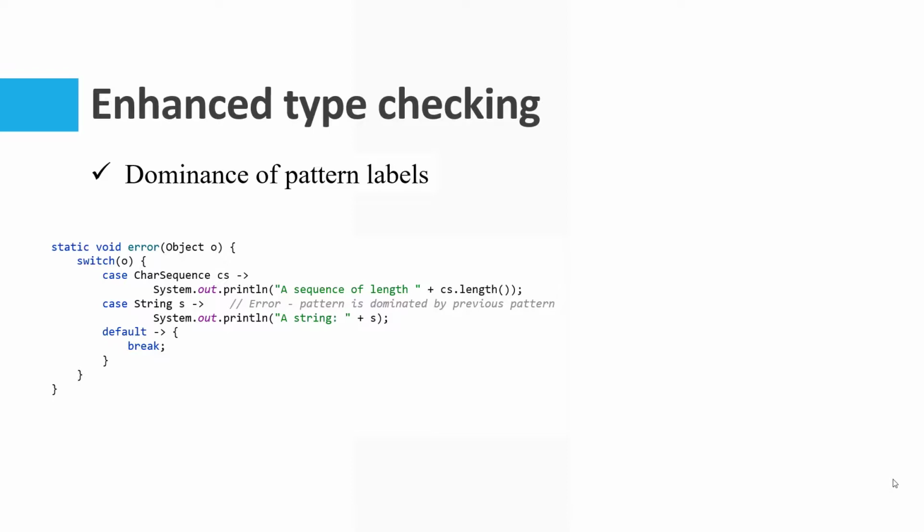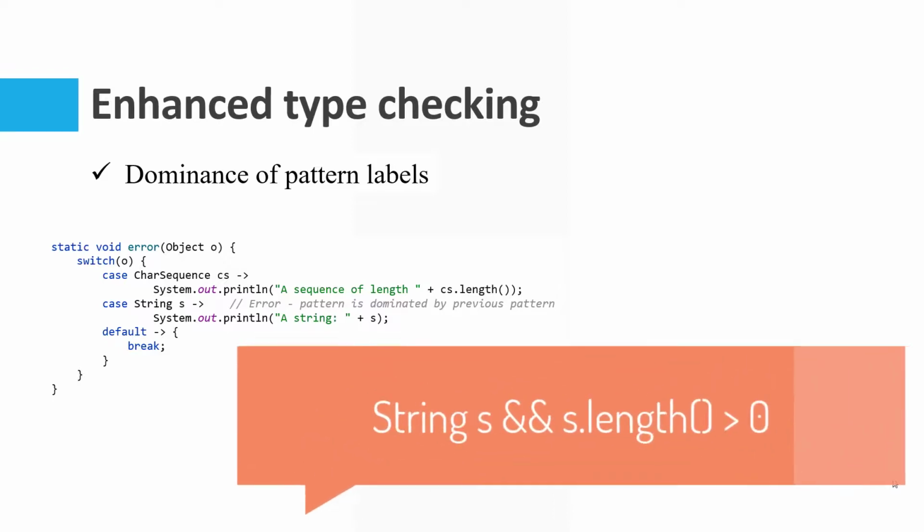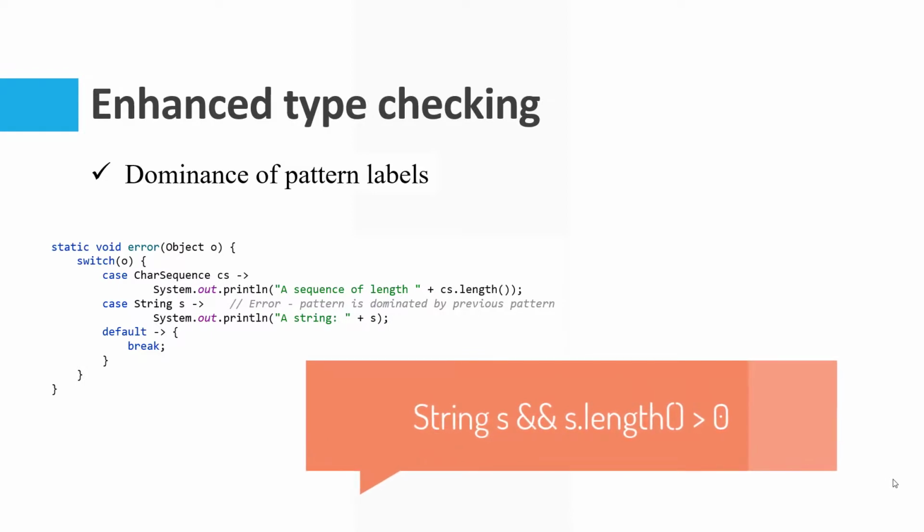For example, the pattern label case String s dominates the pattern label case String s && s.length() > 0, since every value that matches the guarded pattern String s && s.length() > 0 also matches the pattern String s.